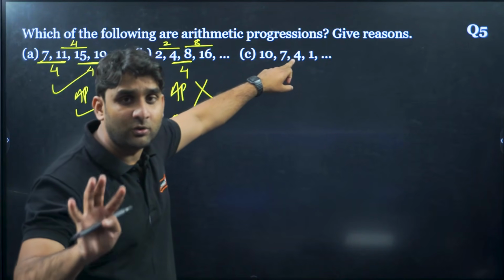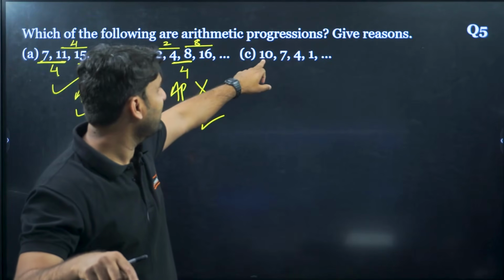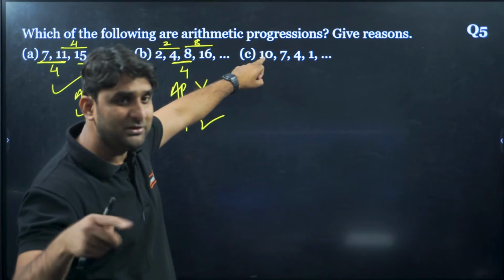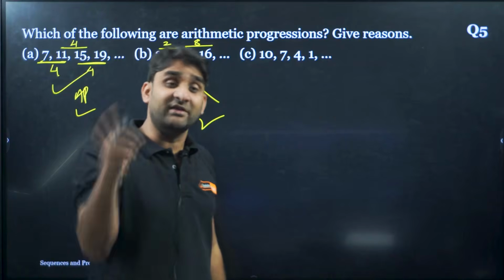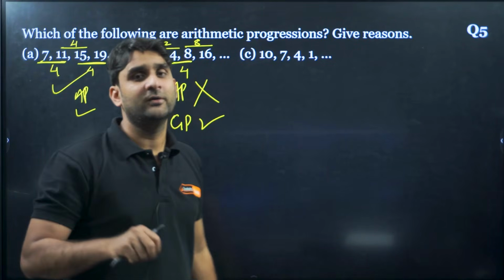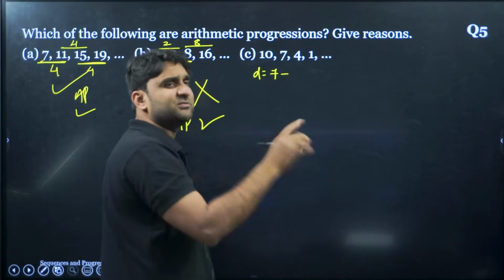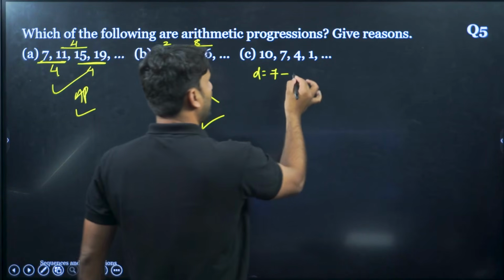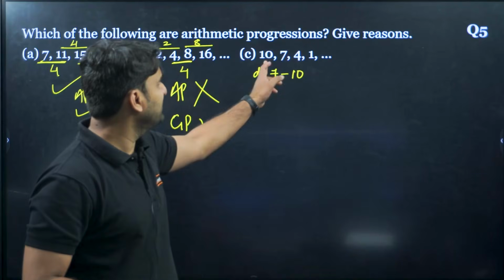Don't go as per your comfortability. Some students might be thinking like 10 is greater than 7, so they will be subtracting 7 from 10, which is wrong. So whatever is the number, smaller, bigger, doesn't matter. Always this rule will be followed. Always subtract the preceding from succeeding.